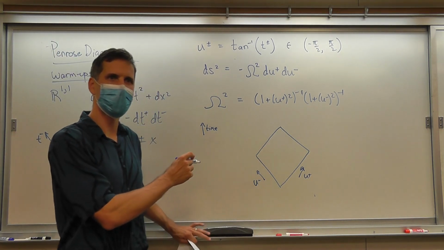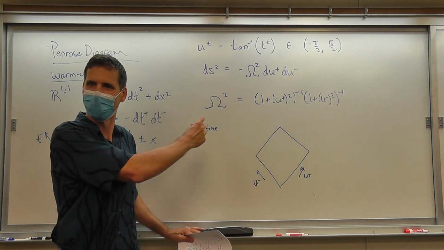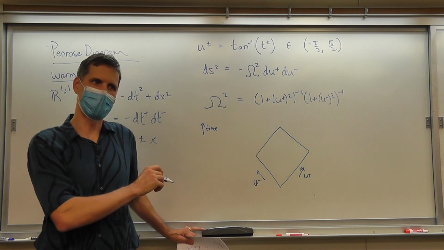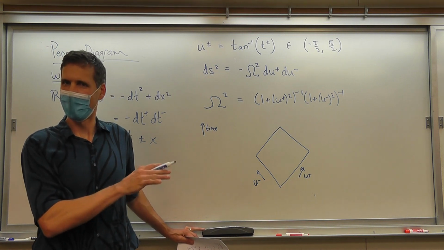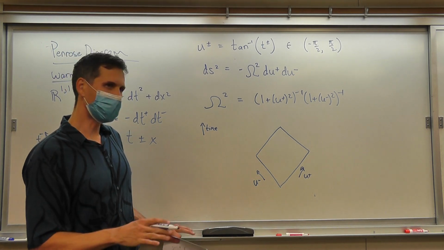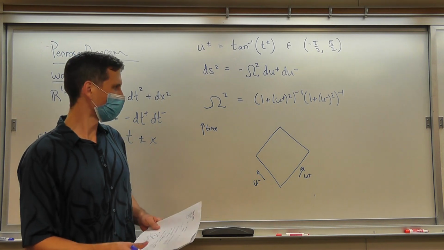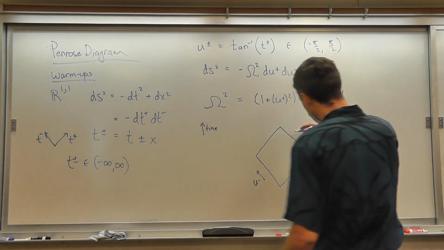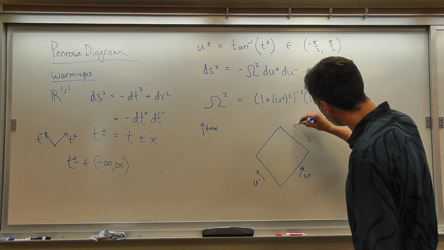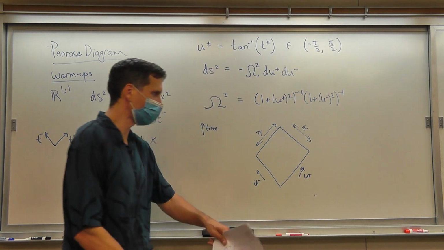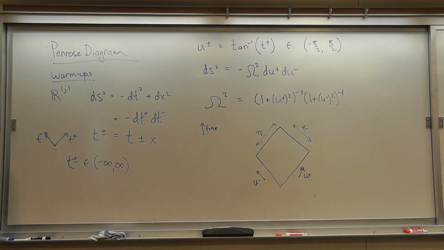Now, I've been drawing lots of pictures of square things when we did path integrals, and they were all kind of schematic because those were always infinite spaces, and I was drawing them on the board. But now, when I draw this diamond, I literally mean it looks like this, because this is a box of size pi in the two directions, since u⁺ and u⁻ run from minus pi over 2 to pi over 2.